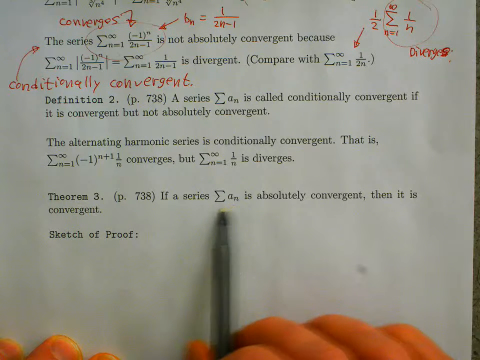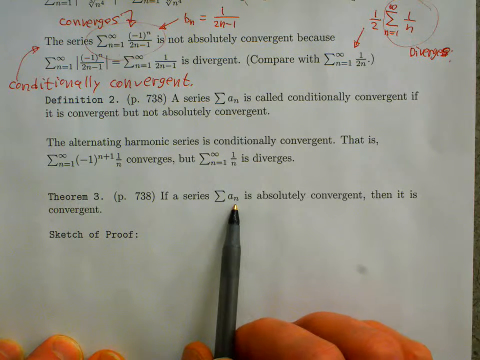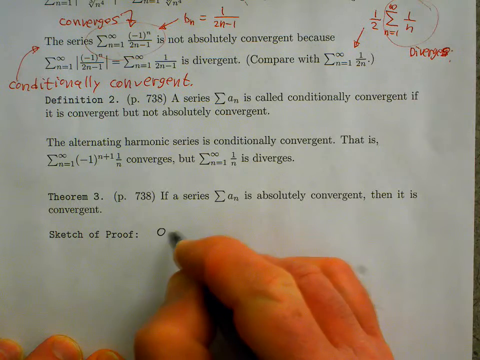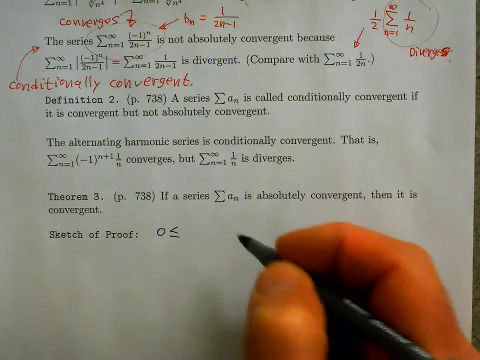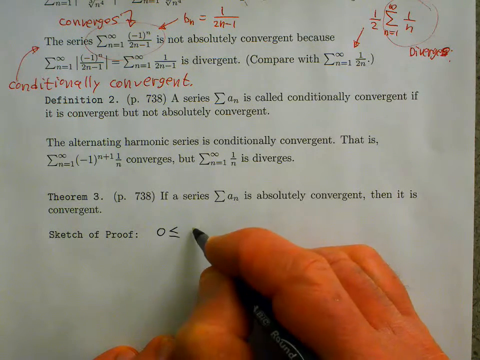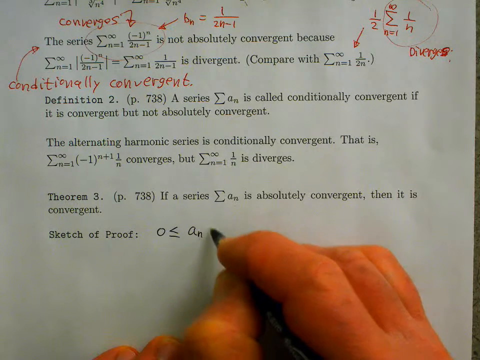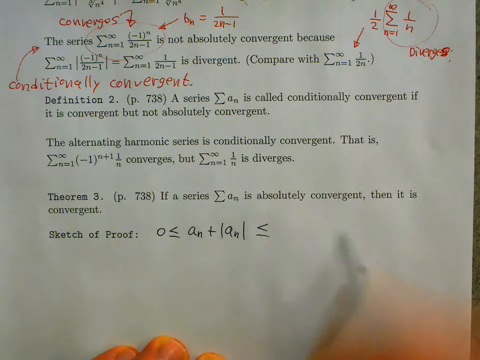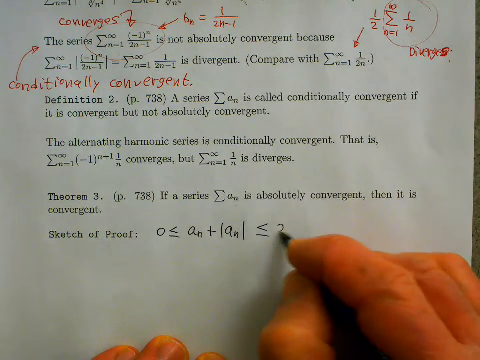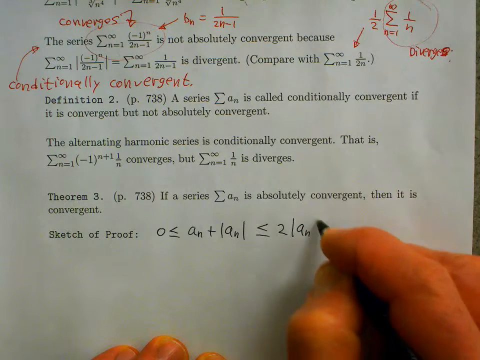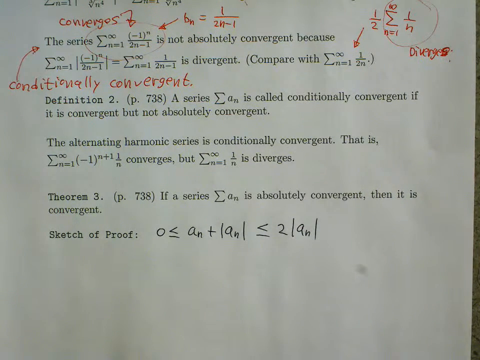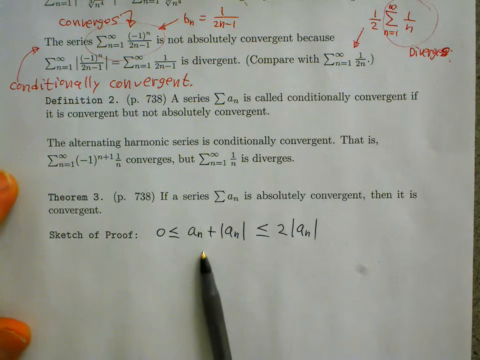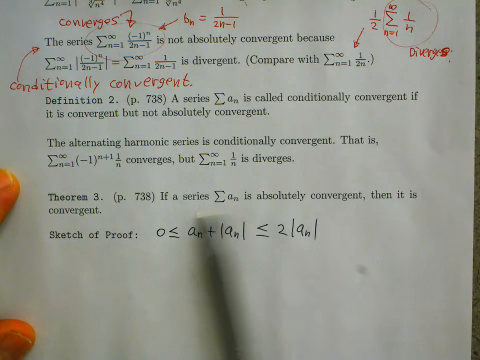For any infinite series that has terms a sub n, this inequality will be true for all n: 0 is less than or equal to a sub n plus the absolute value of a sub n, and this will be less than or equal to 2 times the absolute value of a sub n. So this compound inequality will hold for any series.